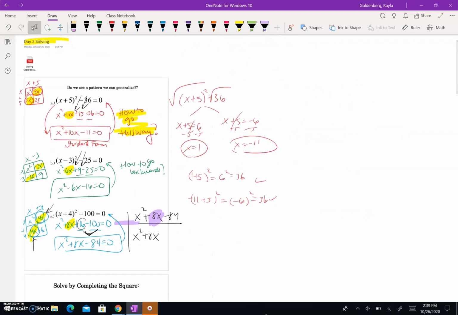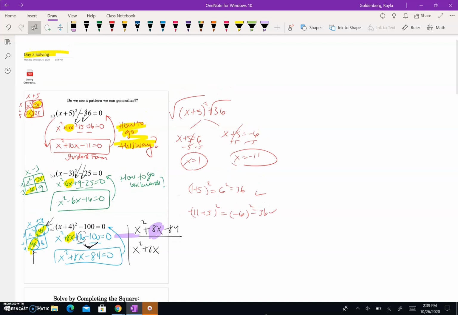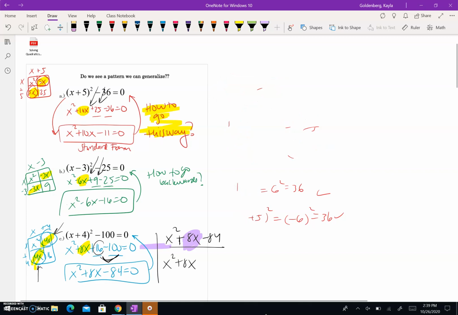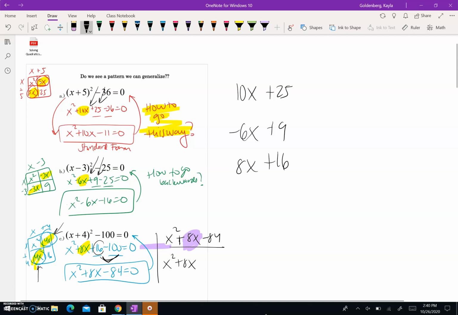And maybe I'll like write them on the side. So let's try and maybe I'll erase this. And we'll think about what's the pattern between the 10x and the 25, right? The negative 6x and the 9, and the 8x and the 16.